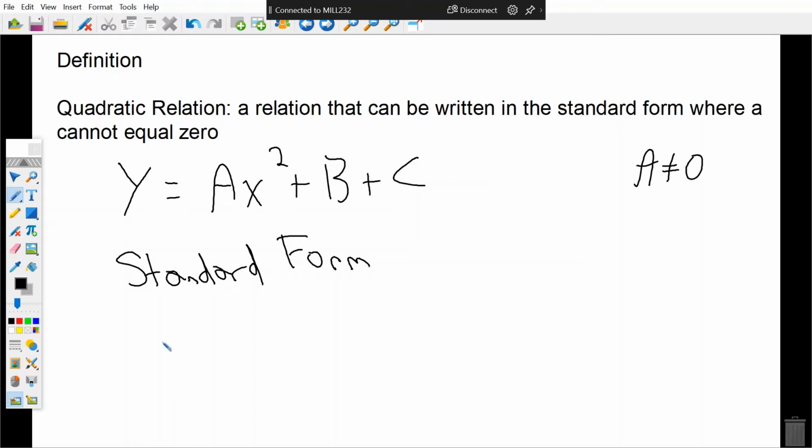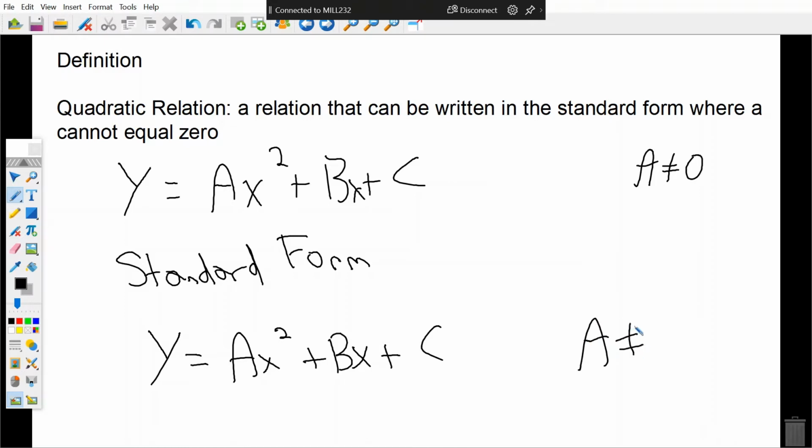So the standard form is y equals ax squared plus bx plus c, where a cannot equal 0, okay? So the equation is y equals ax squared plus bx plus c.